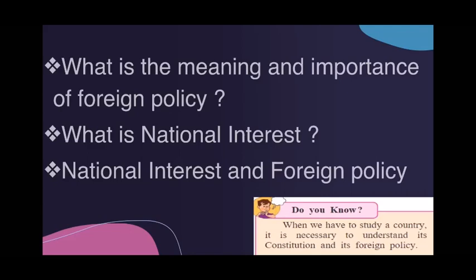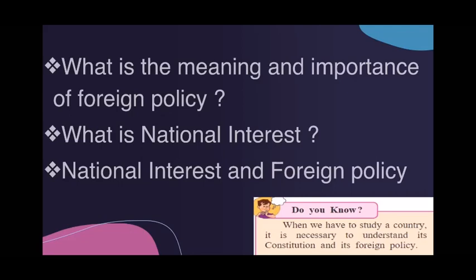National interest also includes efforts to achieve economic development and to take steps towards increasing the national power. When decisions are taken after giving careful thought to what is beneficial and good for our respective country, we say that we are nurturing a national interest.